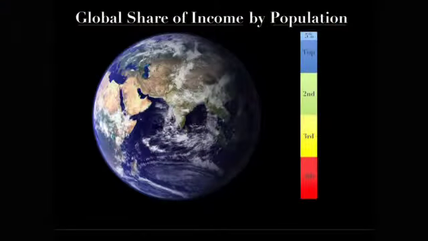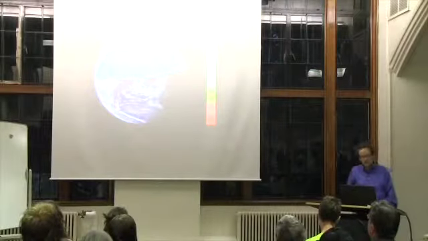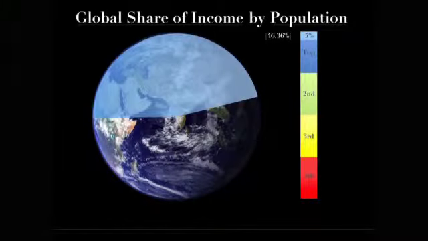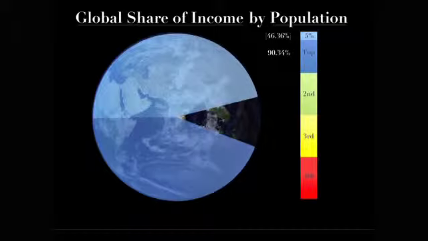So I show you here the distribution of income in terms of segments of the human population. You line up all the people in the world, all the households to be precise, and you slice them into horizontal slices. This is the top 5% of the human population, 46.36% of global household income. This is the part of income that is spent by private individuals or households. This is the next 20%, just about the same share.